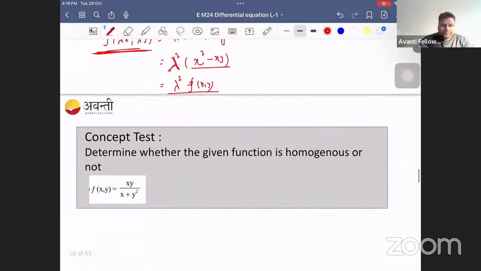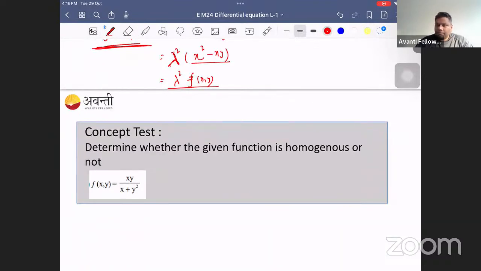Now try for this one. This is, if you see carefully, definitely non-homogeneous.